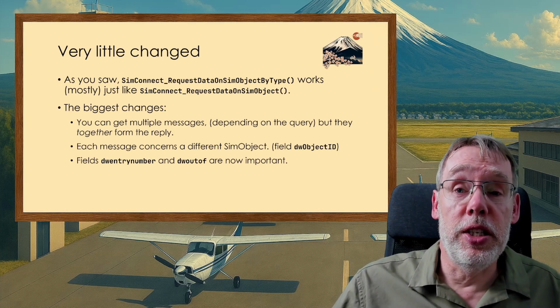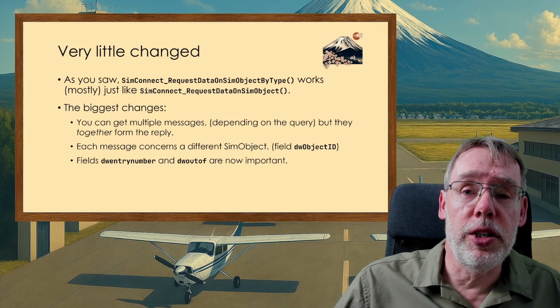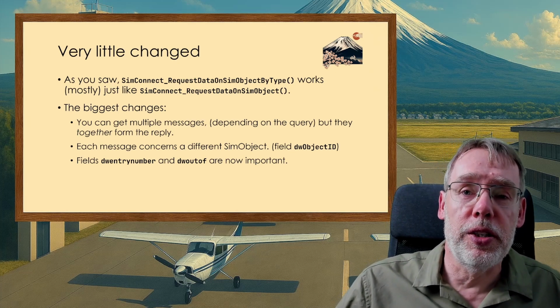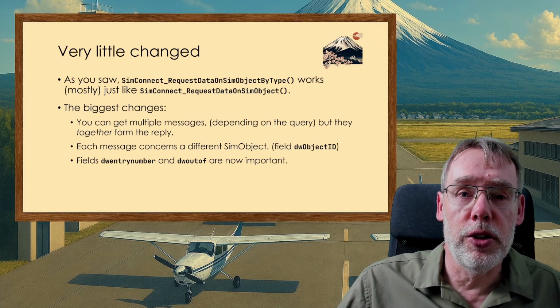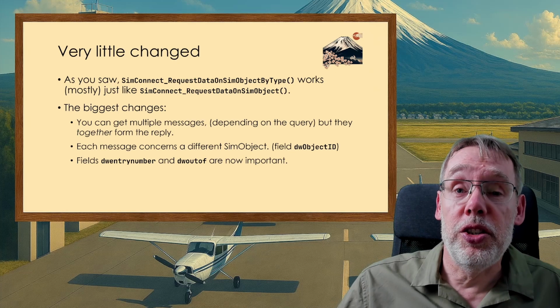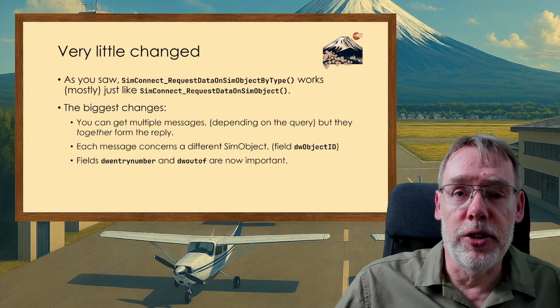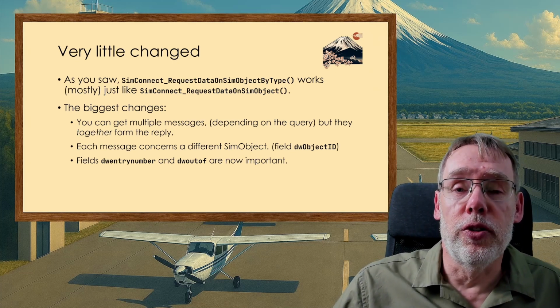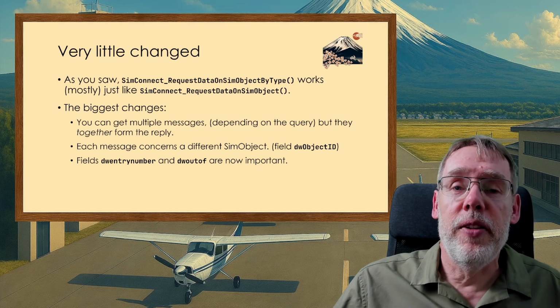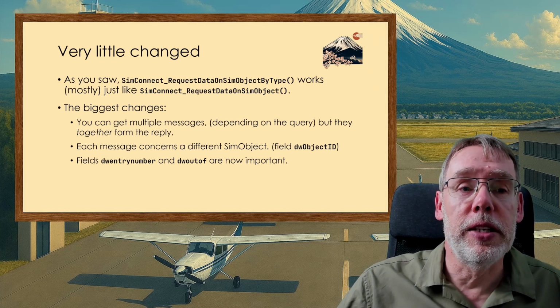That means that the DW object ID field now can be used to find out what the object ID is of the object shown, which we could use actually to change things on those objects. This we will see later on when we create AI aircraft ourselves and then start to move one around.